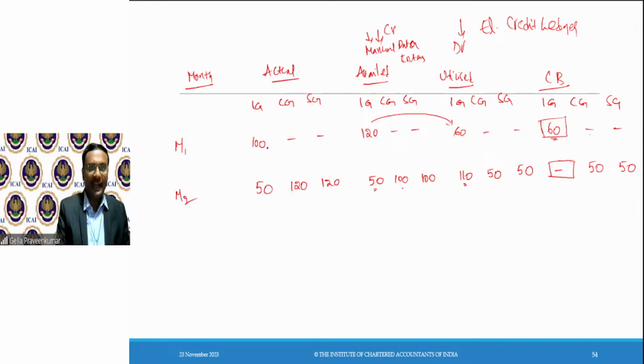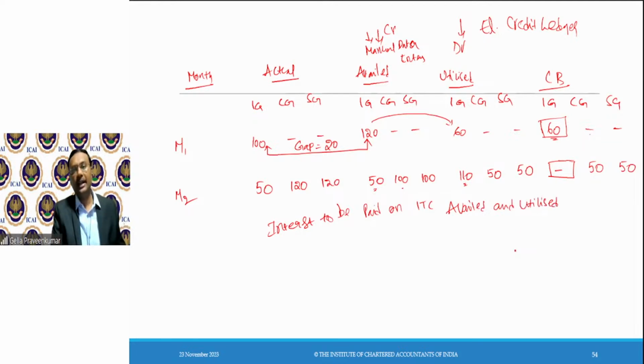Now, the gap between what is to be availed and what is availed is, say, 20 rupees. Section 50, subsection 3 says that interest is to be paid on ITC availed and utilized.